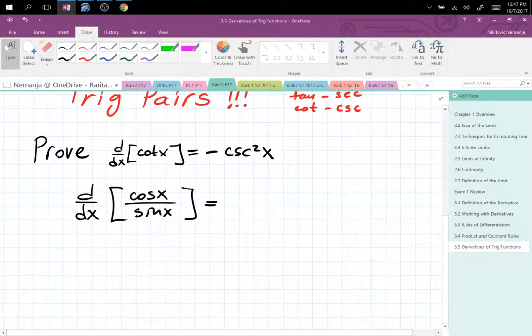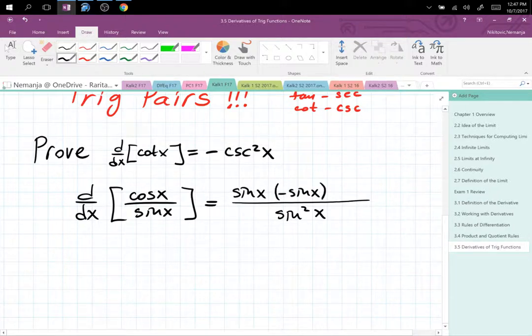Right, let's take a look at this problem together. So cosine x divided by sine x, it is the quotient rule. So we take sine x and we square it. And then we have sine x. The derivative of cosine is negative sine, right?